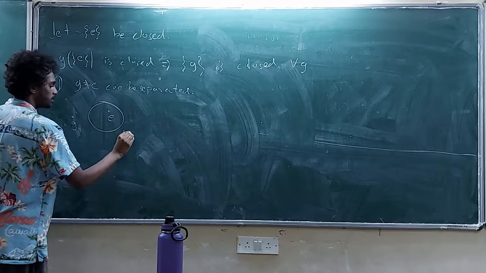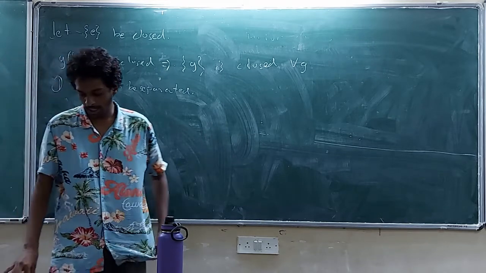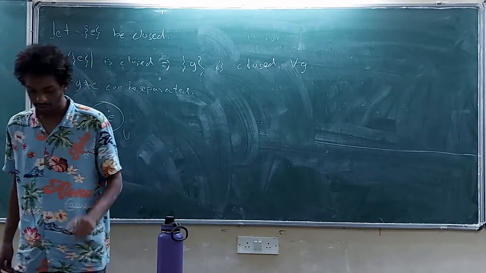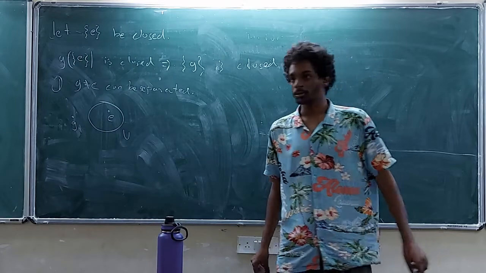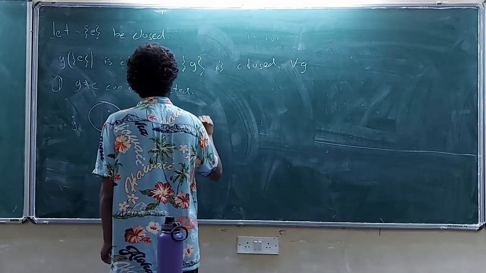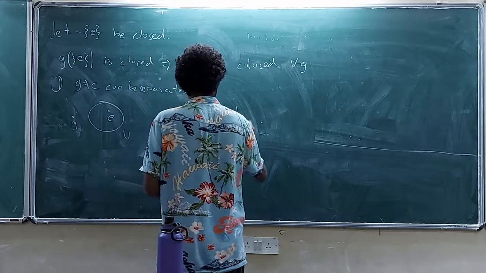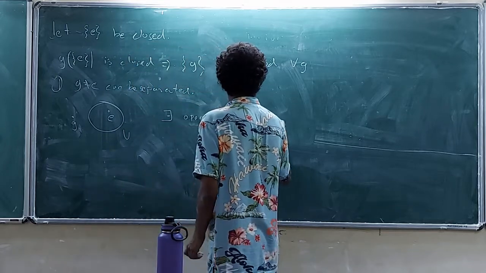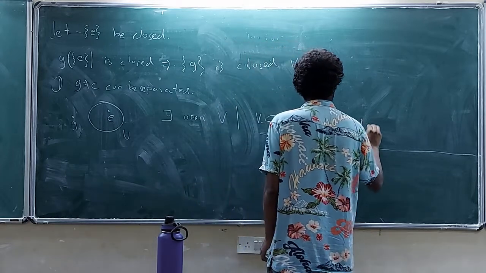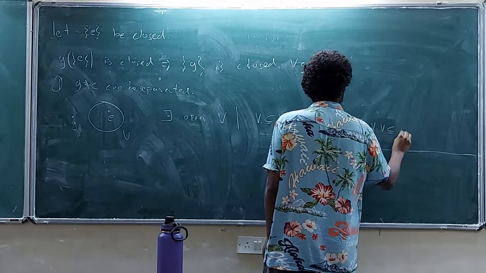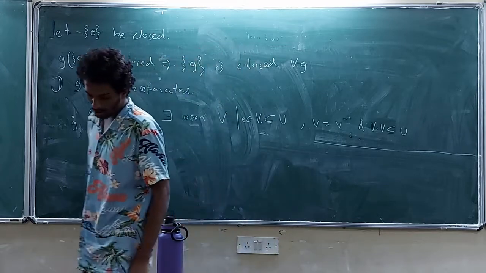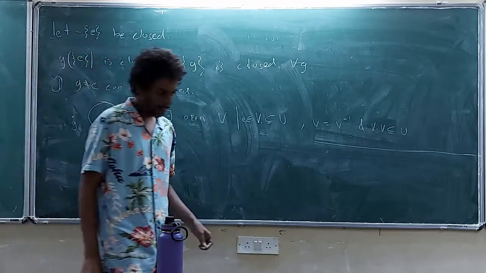Let that open set be U. Now we use that characteristic property: there exists an open V such that V is contained in U, V equals V inverse, V dot V is contained in U, and e belongs to V.